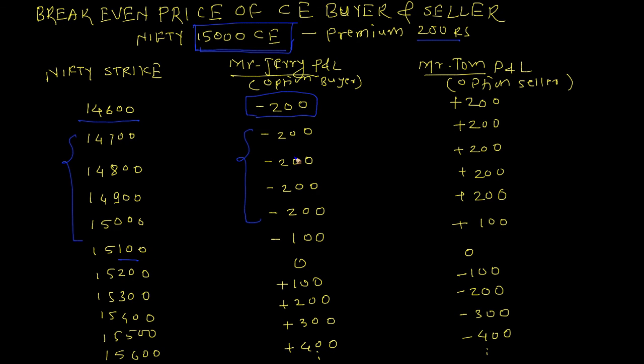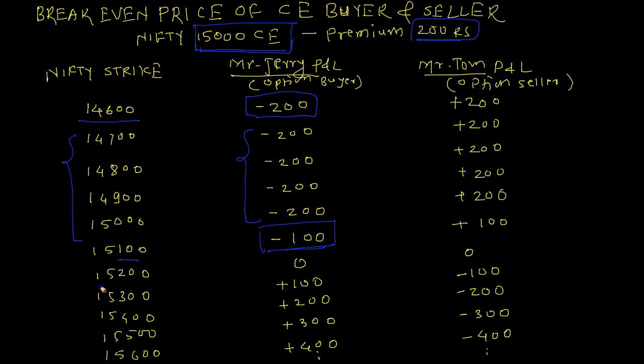So my net will be this 200 minus this 100, that is minus 100. That means my loss, since I have already paid rupees 200, and the profit is rupees 100. So 100 minus 200 is minus 100.